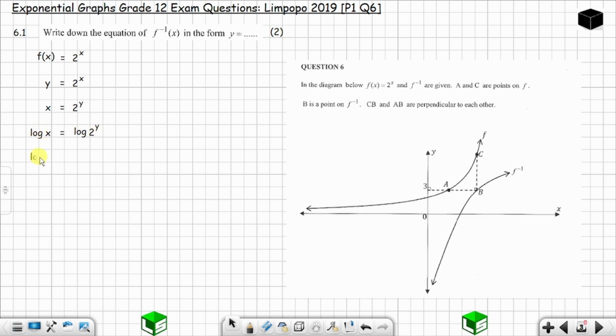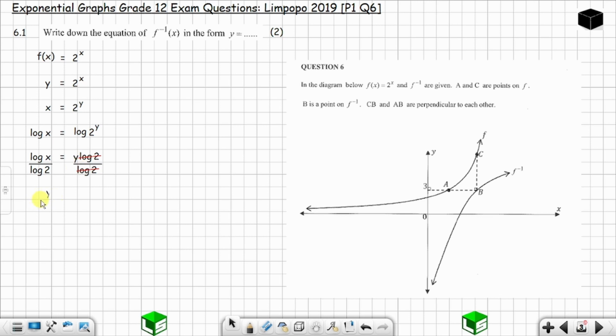We have log of x is equal to, I'm going to drop my exponent, you multiply it by log of 2. From here you divide by log of 2 on both sides so that you can make y the subject of the formula. The log of 2 cancels and you only remain with y.